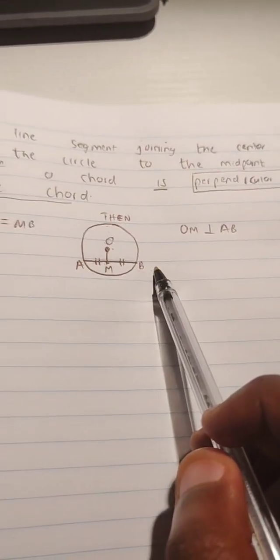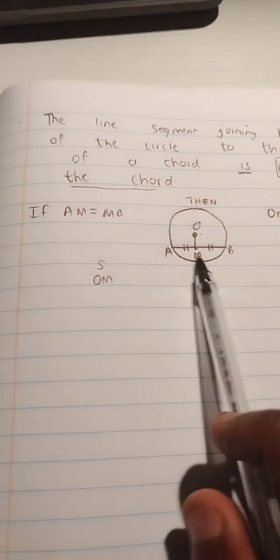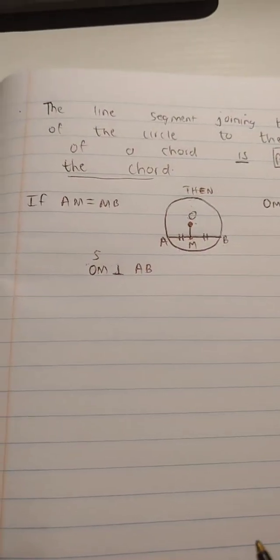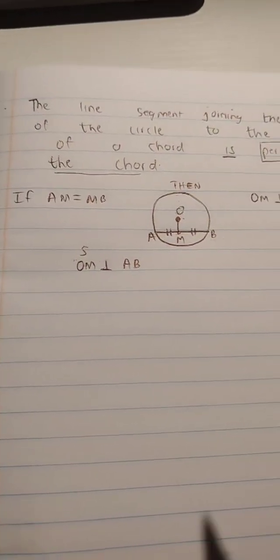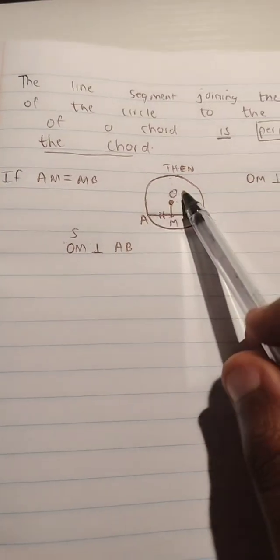Does that make sense, guys? Okay. So in our statement, what would be the statement for this diagram? OM is perpendicular to AB. Can you see that? Is the statement something that you see? No, you don't see that in the diagram.